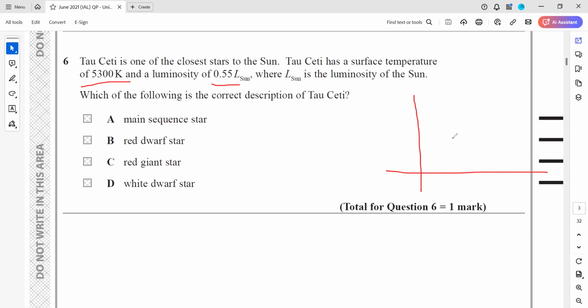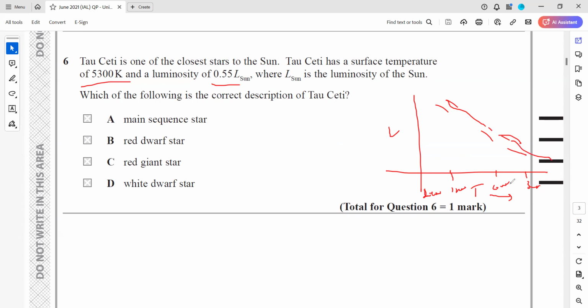In a Hertzsprung-Russell diagram, temperature is on a decreasing scale on one axis and luminosity on the other, with the main sequence stars along the diagonal. Temperature usually runs 24,000, then 12,000, then 6,000, then 3,000, so it is somewhere here.